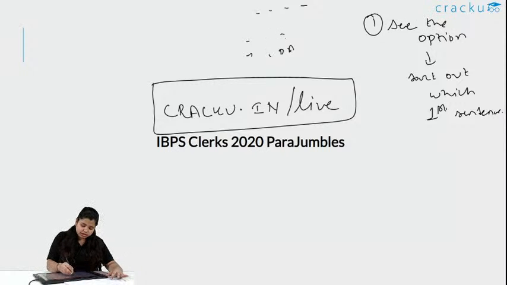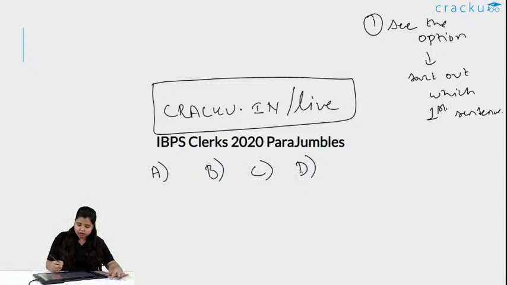For example, options are given here. Let me say there are 4 statements A, B, C and D. You need to arrange them.